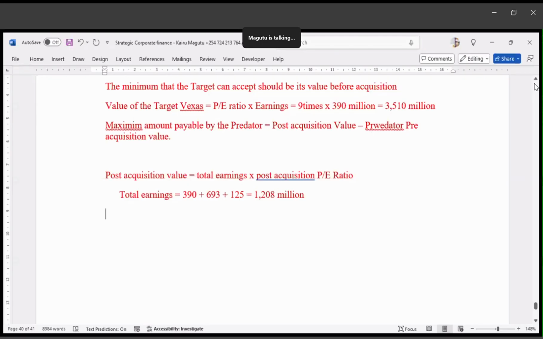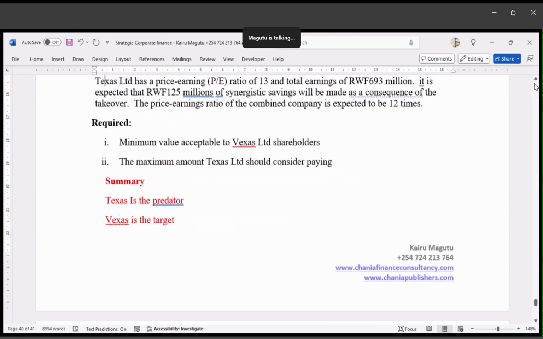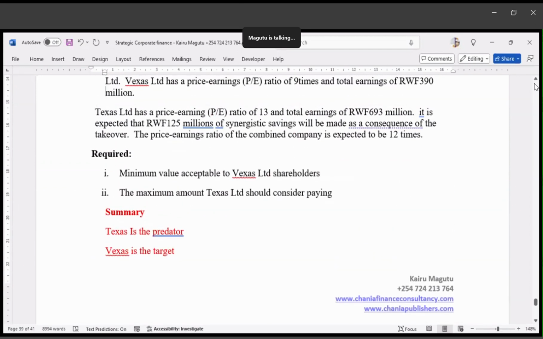If we have the earnings, can we determine the post-acquisition value? It is equal to 1208 million multiplied by, are we told 12 times? Yeah, 12 times.